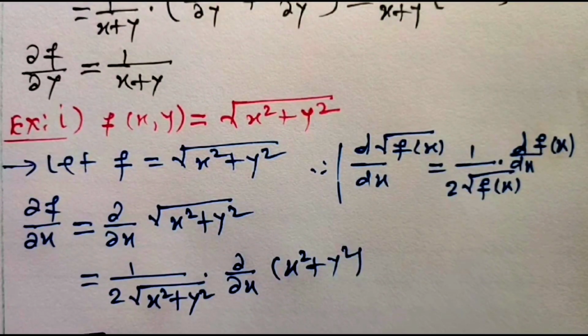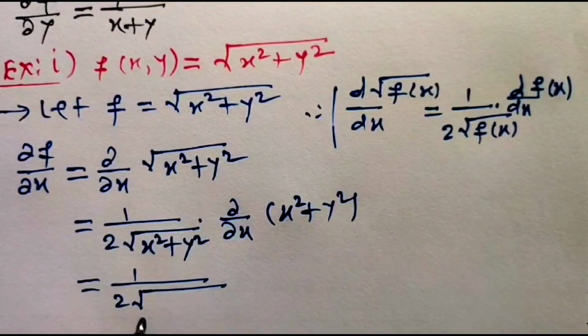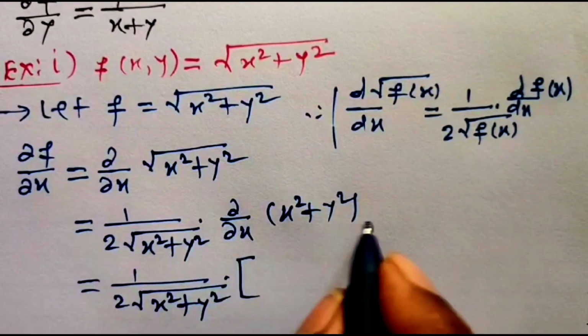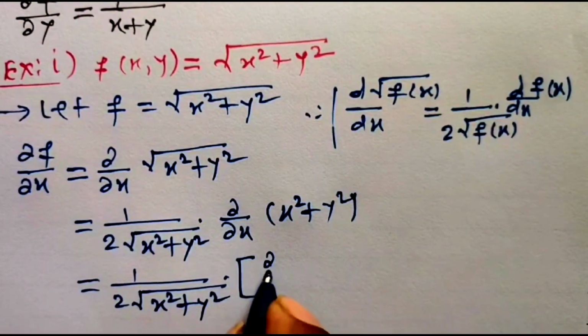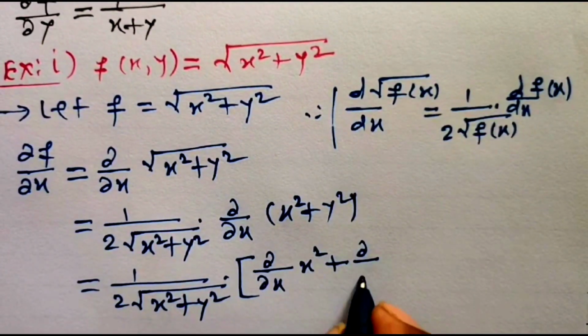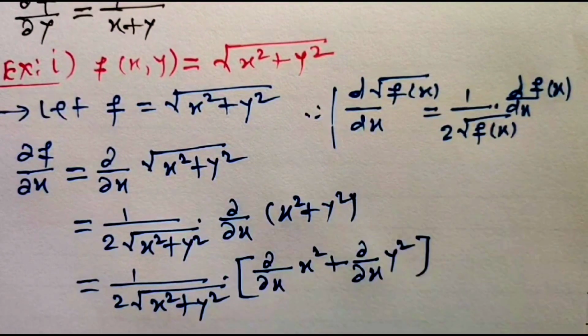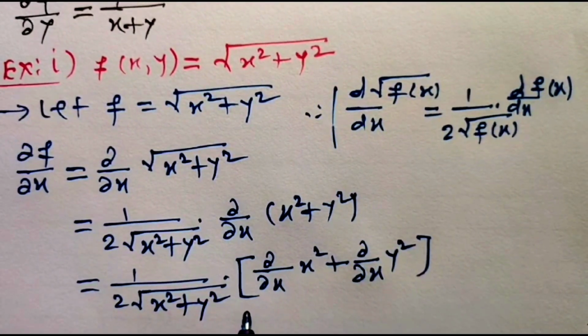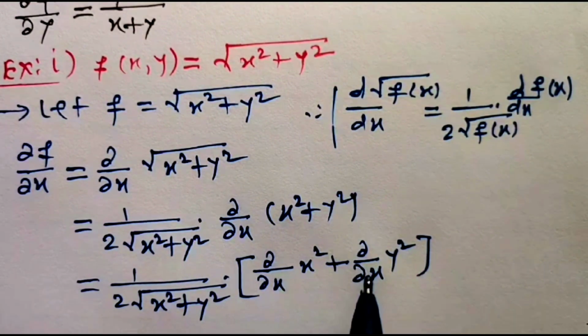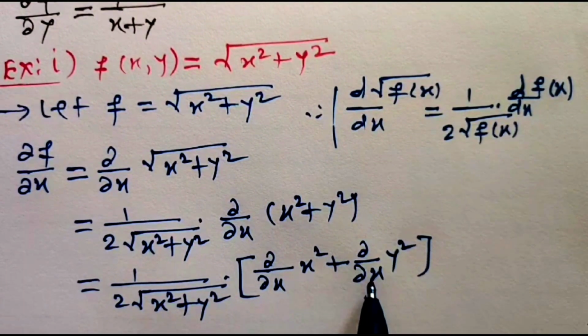And this is equal to 1 upon 2 root x square plus y square. Take this partial differential operator inside the bracket. So the partial derivative with respect to x of x square plus the partial derivative with respect to x of y square. You are partially differentiating with respect to x, so considering y as constant, y square becomes a constant function. Hence the partial derivative of y square with respect to x is 0.